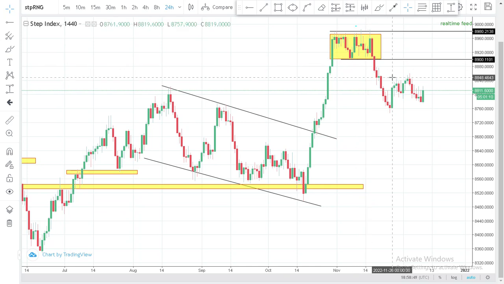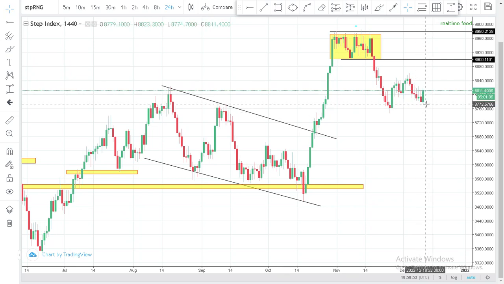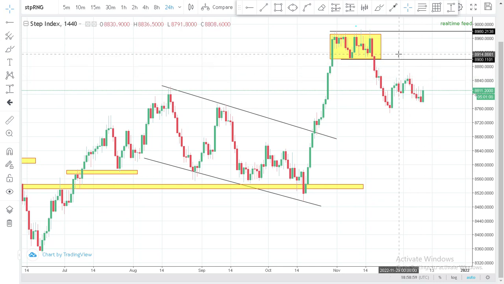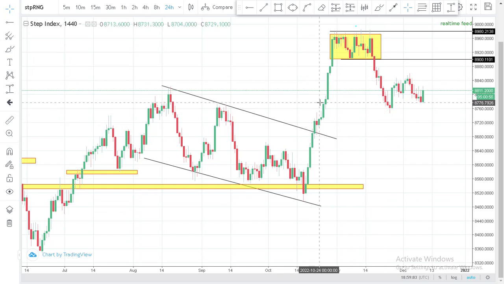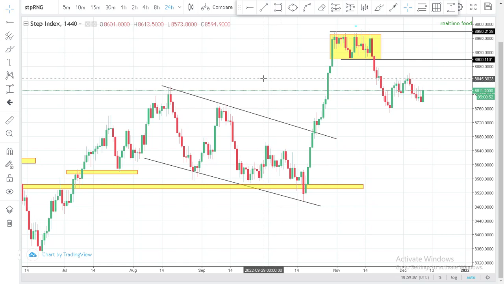If it breaks the structure, I'll wait for a retest. Although it takes time to retest, since this is the daily time frame, guys. It's a 24-hour time frame, so 24 equals daily.